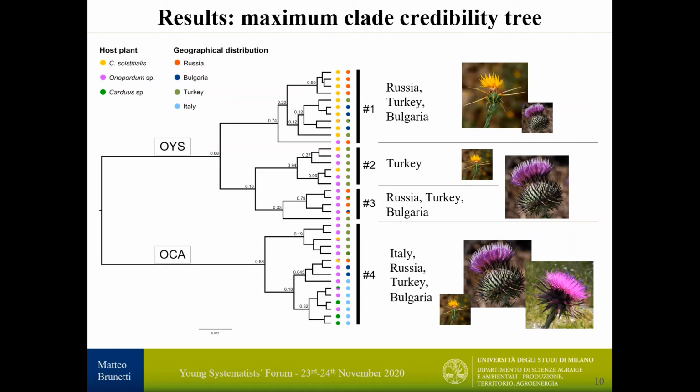The fourth group corresponds to the OCA group, since its subgroups are not well supported. As you can see, those groups seem to better mimic the ecological pattern determined by the host plant, but often there are a few haplotypes associated to a plant that is different from the one typical of the group.